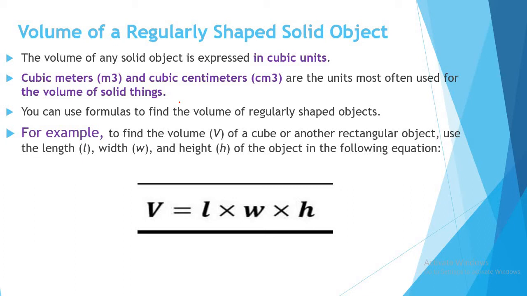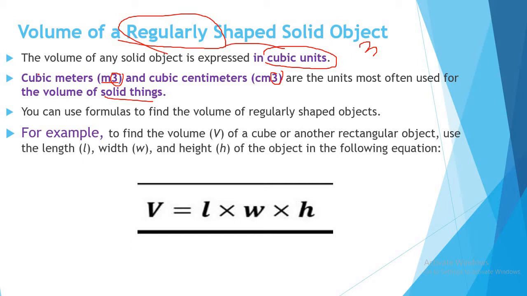So what if you want to measure the volume of a regular shape like a cube, like a rectangle, any regular shape? The volume of any solid object is expressed in cubic units, either cubic meter or cubic centimeter. Both are the units most often used to measure the volume of solid things.